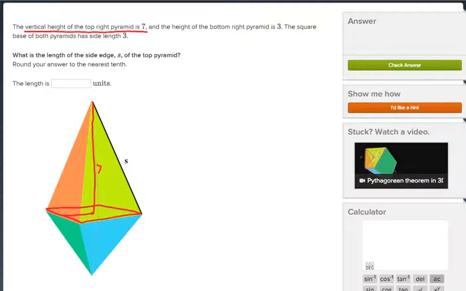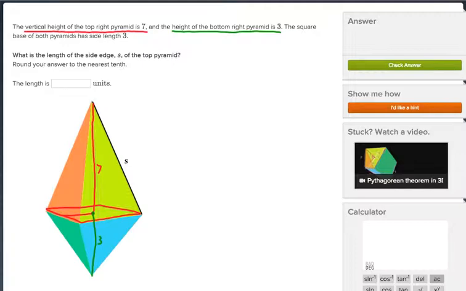We're told that the height of the bottom pyramid is 3. So from that exact same point, we can draw a line straight down to the point of the bottom pyramid, and that there is 3. Okay, interesting. So we're going to complete height of 10 units.